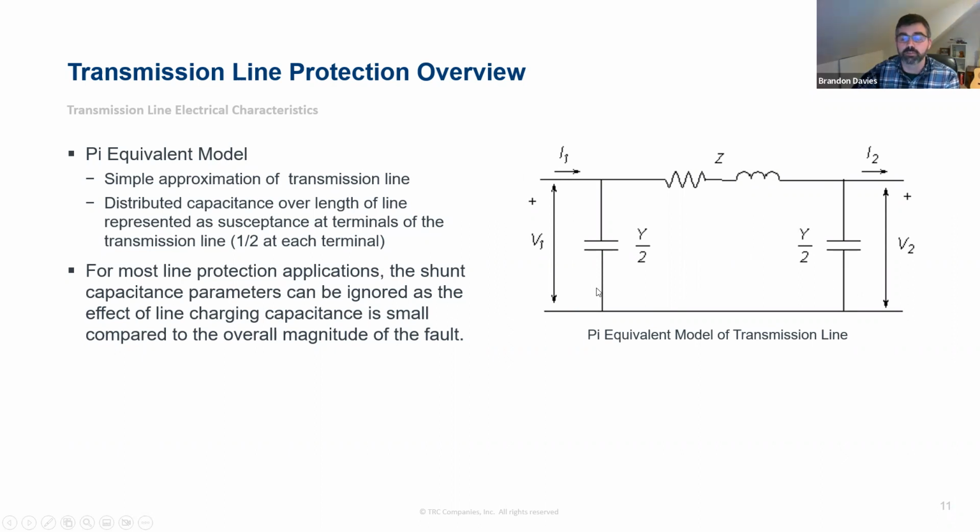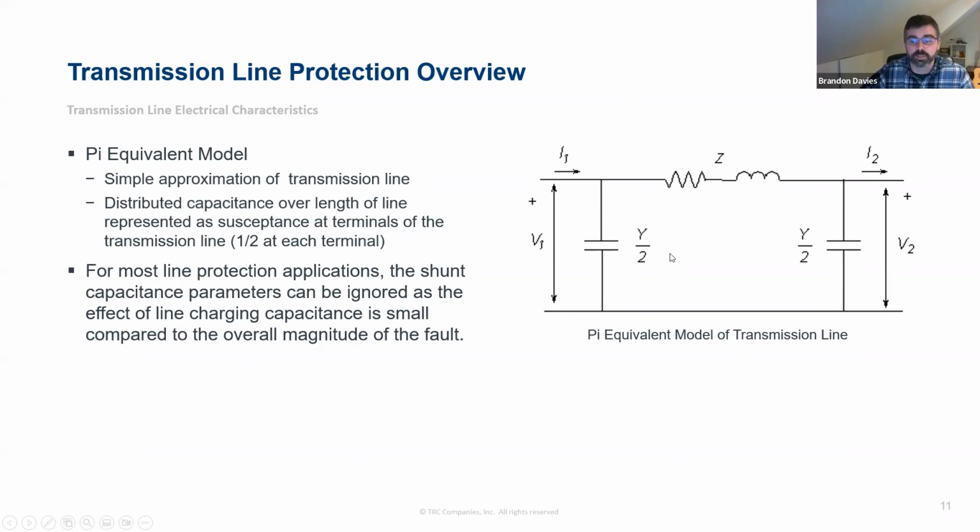So this isn't 100% accurate to what's really going on, because this shunt capacitive effect, or susceptance effect, is actually distributed throughout the entire transmission line. It's not lumped as it is on here, but for the purposes of a protection engineer, yeah, this model is more than enough.